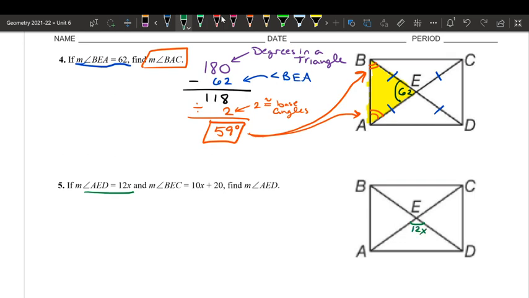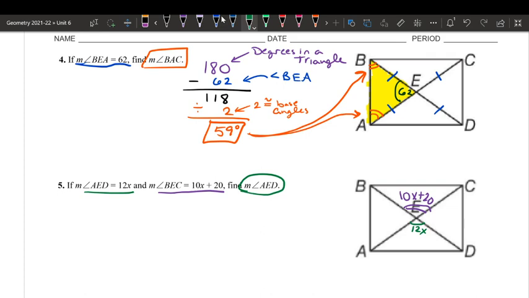All right, and BEC, B to E to C, this one is 10x plus 20. Find the measure of AED. So I'm asked for the green one.